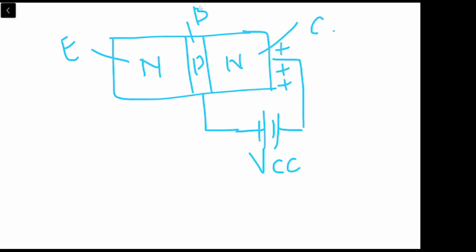When they are attracted, the width of the depletion region is going to increase in size, because the majority carriers are not attracted towards the junction, but towards the poles of the biasing source. So the width of the depletion region is going to increase.